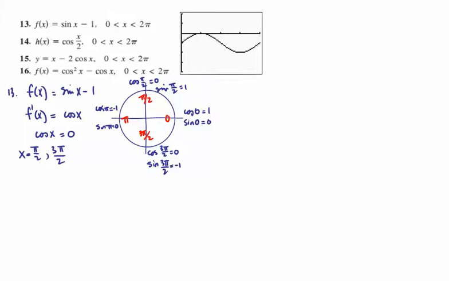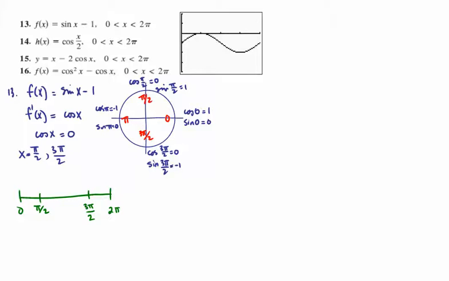Alright, so next we're going to make our number line. We can start it at 0, we can end it at 2 pi, and we have pi over 2, which might be here, and we have 3 pi over 2, which might be over here.